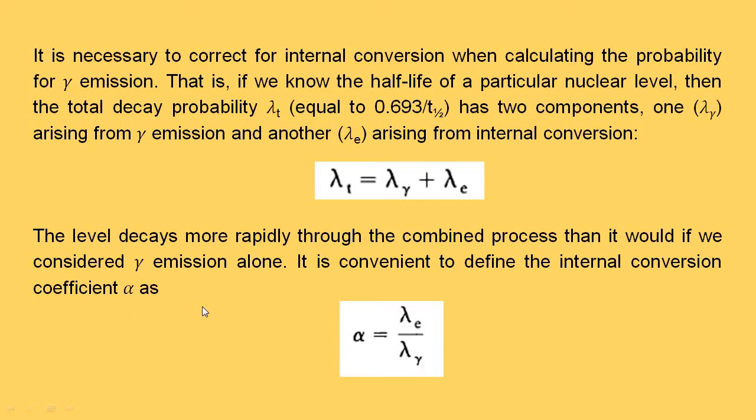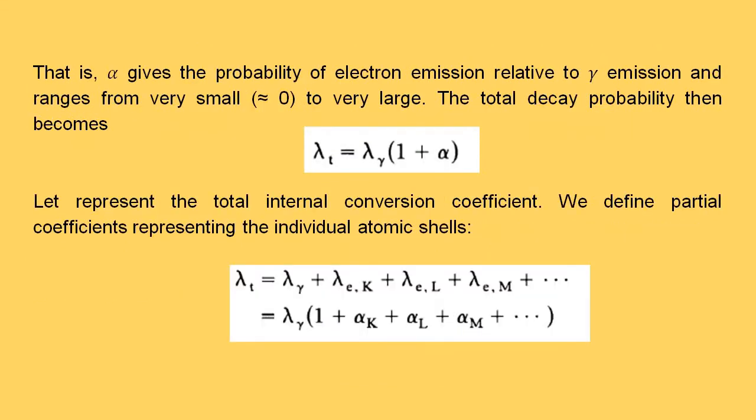So the internal conversion coefficient alpha is the ratio of the decay constants of internal conversion and gamma emission. That is, alpha gives the probability of electron emission relative to gamma emission and ranges from very small value or nearly zero to very large.